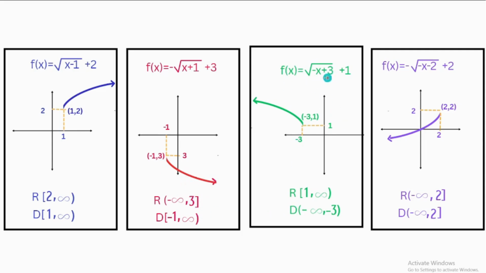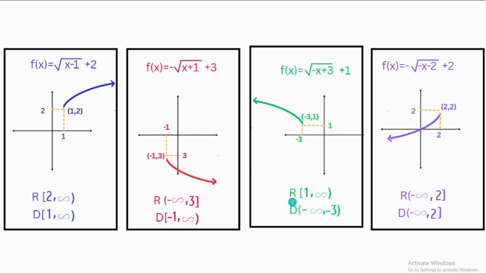We will take also the starting point from there. We will take 1 with its sign, and we will change the x sign. There is a negative inside the radical, so we will draw it in the second quadrant.